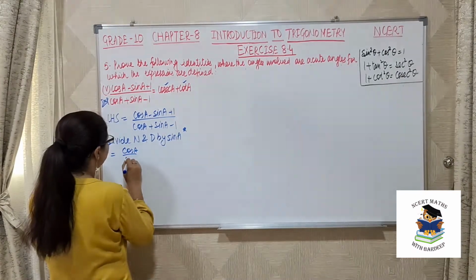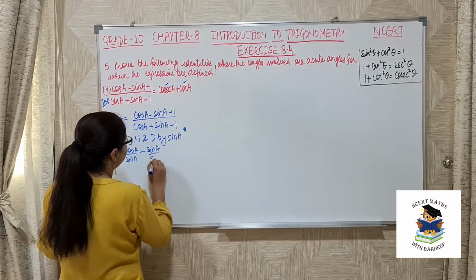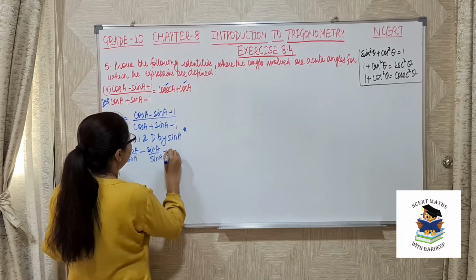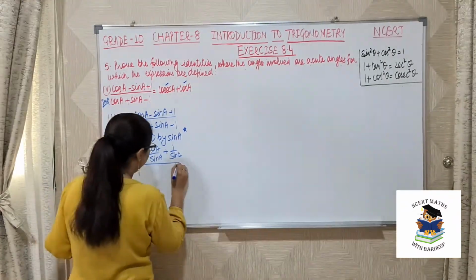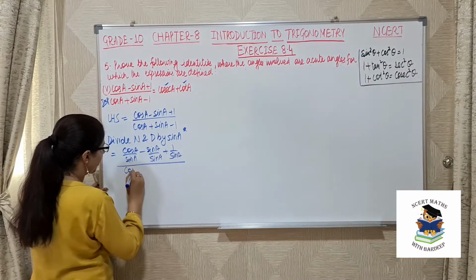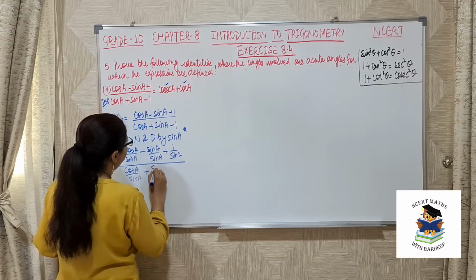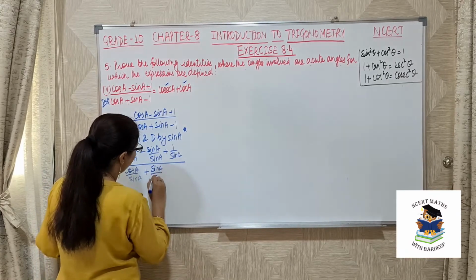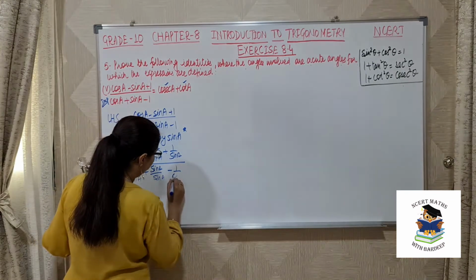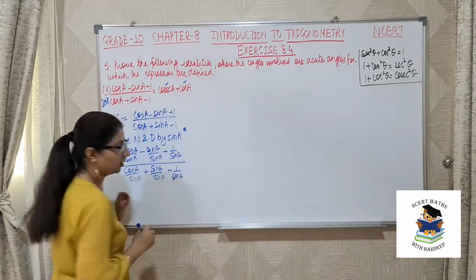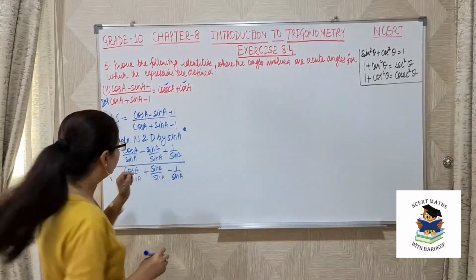Cos A over sin A minus sin A over sin A plus 1 over sin A. And the denominator also the same thing, that is cos A over sin A plus sin A over sin A minus 1 over sin A. Okay, so now we will convert these into cosecant and cot.